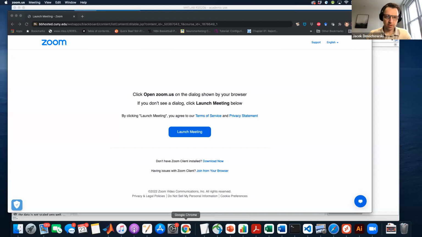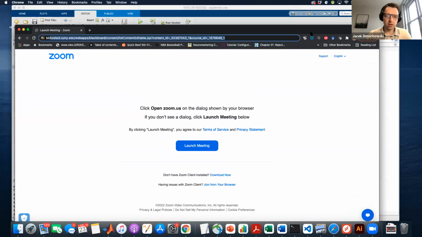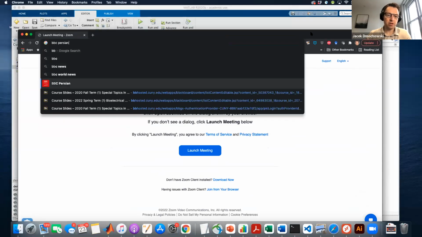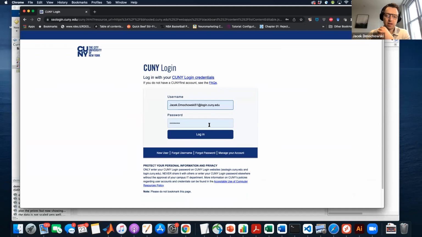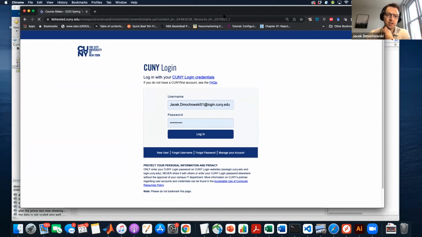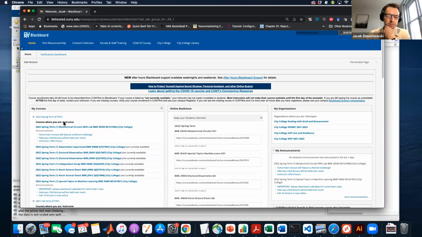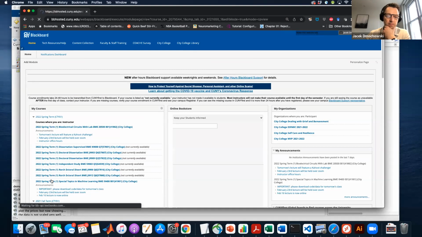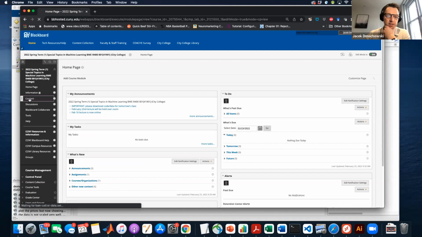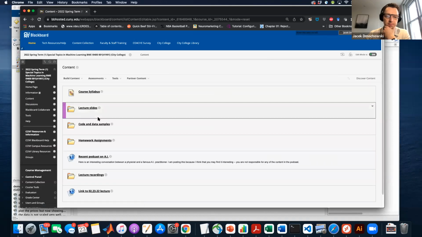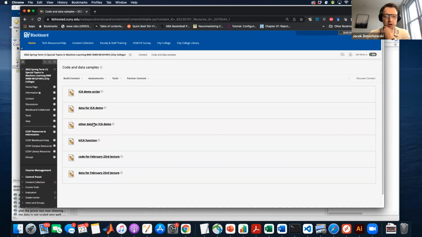Okay, so I've put both the MATLAB script as well as the data that we will be working through under content, under code and data sample.